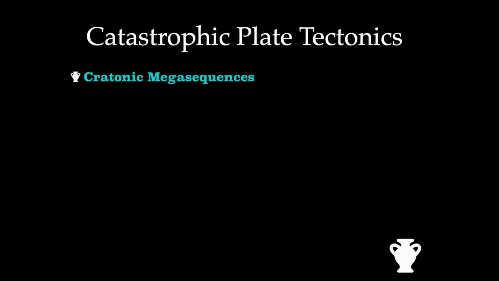So I follow the mainline view of plate tectonics, that the continents were joined together at one time. There was a supercontinent, Pangea, some form of supercontinent. We can see this geologically, but they rapidly spread apart. Now, in typical geological plate tectonics, this happened over a period of millions and millions of years.